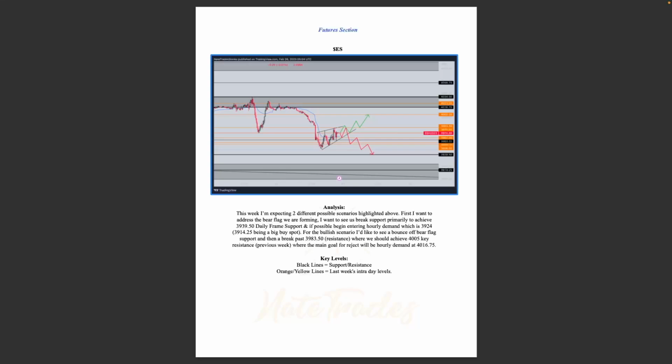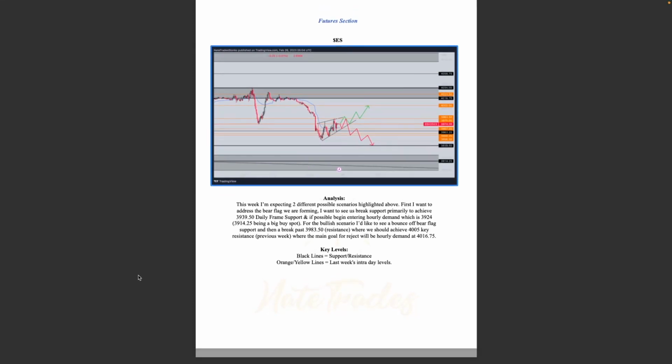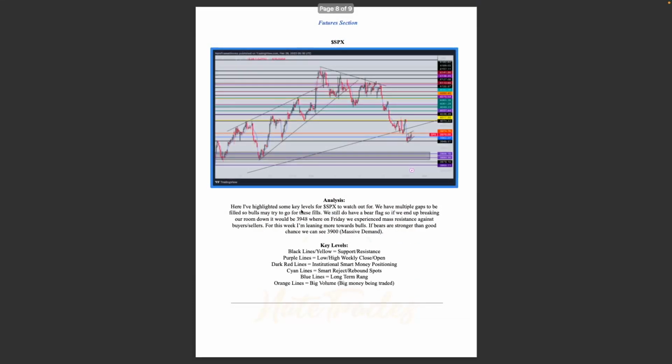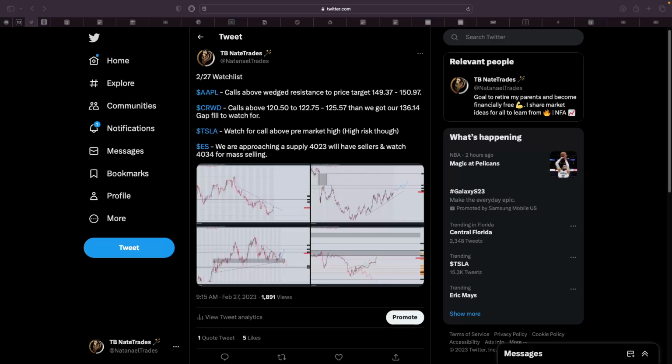One in the weekends being my newsletter where I have ES and SPX right here and what I'm watching for rejects. And then we come on to Twitter where I also have all of my analysis intraday that I'm watching.